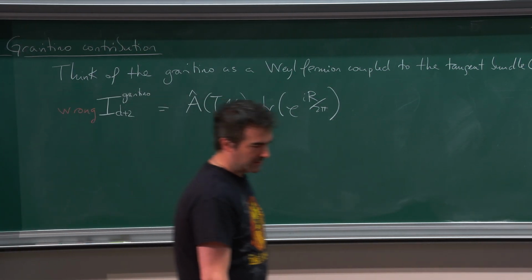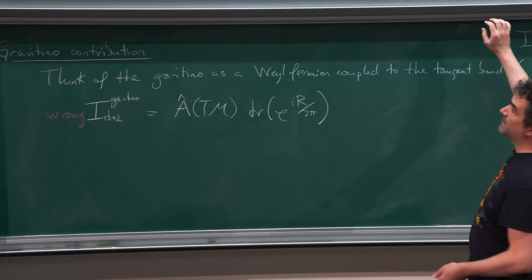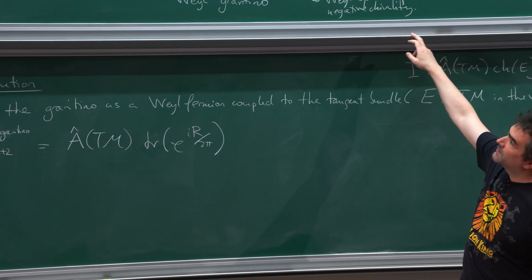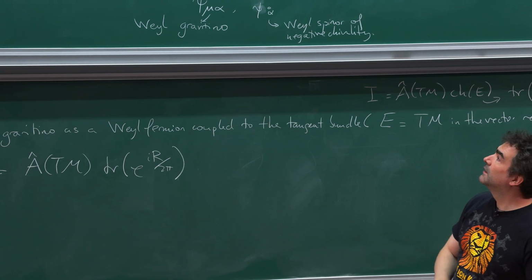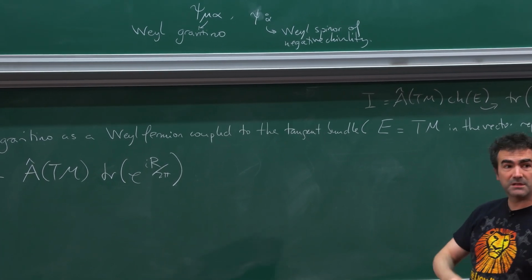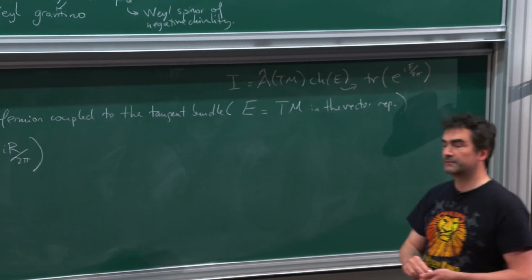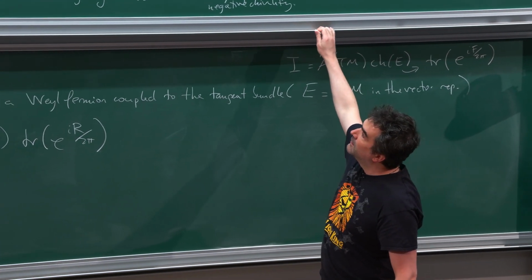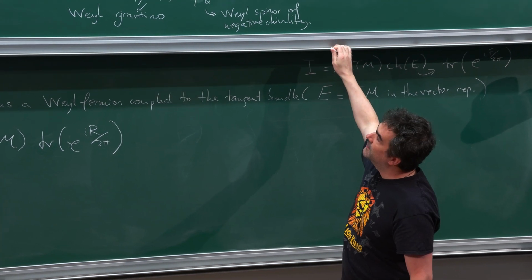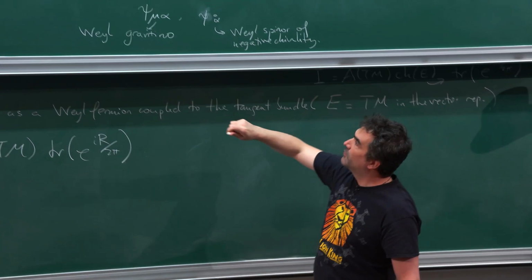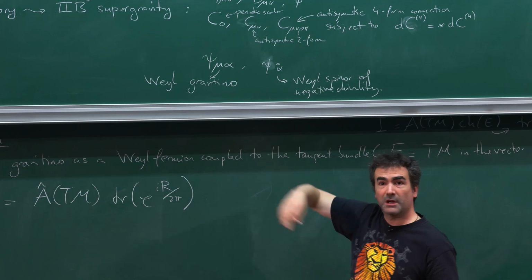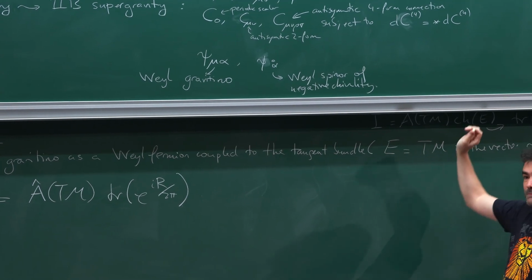There's a subtlety though, and the subtlety comes from the fact that supergravity in any dimension is a gauge theory, where some of the gauge transformations are fermionic. That means in practice that some of the degrees of freedom of the gravitino are going to be gauged away and do not contribute to the anomaly.